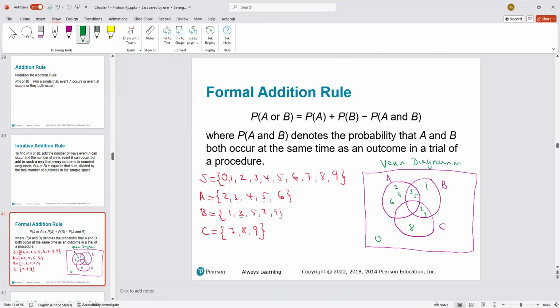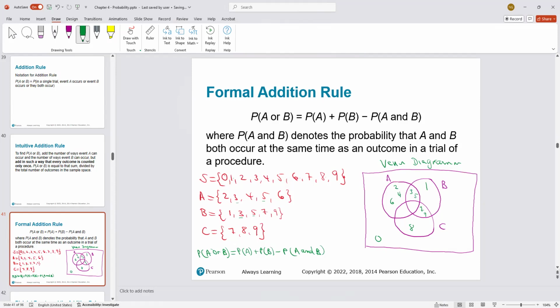Now let's see. If they ask you what is the probability of A or B? Probability of A or B is probability of A plus probability of B minus probability of A and B. What do you find in A? Remember, you find 1, 2, 3, 4, 5, 6, 7, 8, 9, 10.